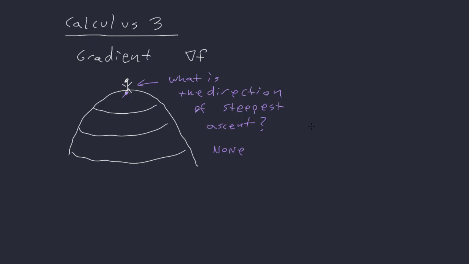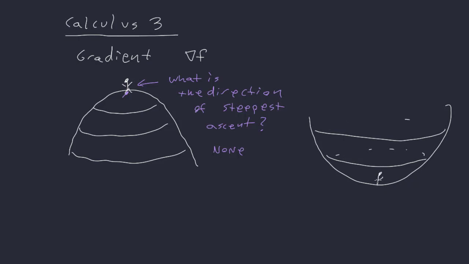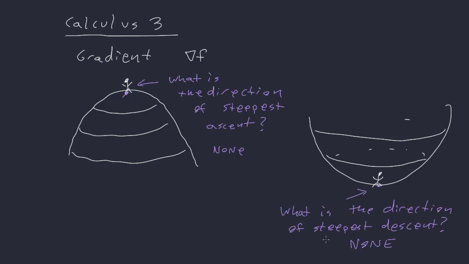And if we're standing at the bottom of a bowl, we can pick any direction to ascend, but there would be no direction of steepest descent. So the other question is, here at the bottom of a bowl, what is the direction of steepest descent?